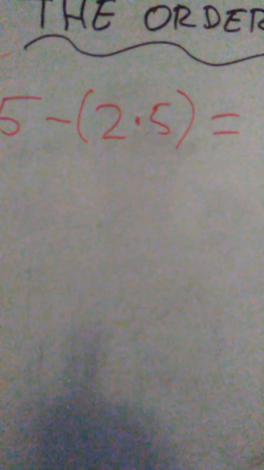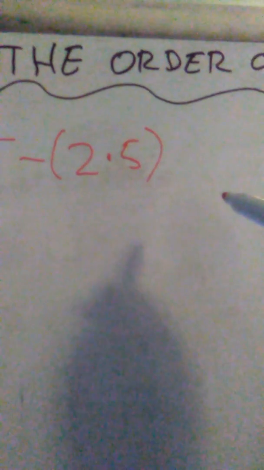You always need this equal sign when you are dealing with an equation, because if you don't have the equal sign, then it is an expression. But this is obviously an equation, therefore you need the equal sign.